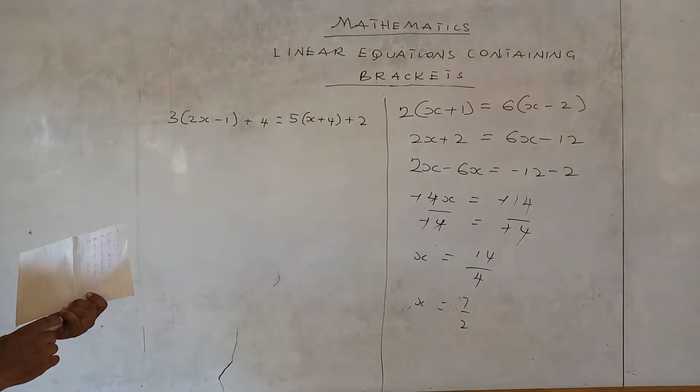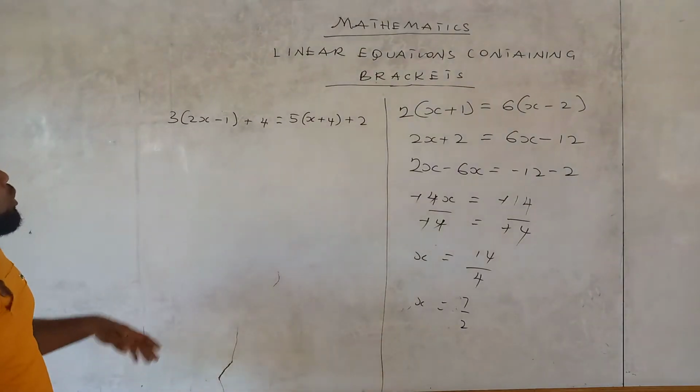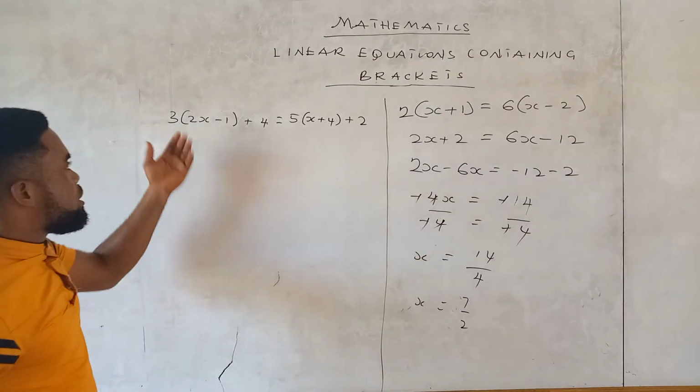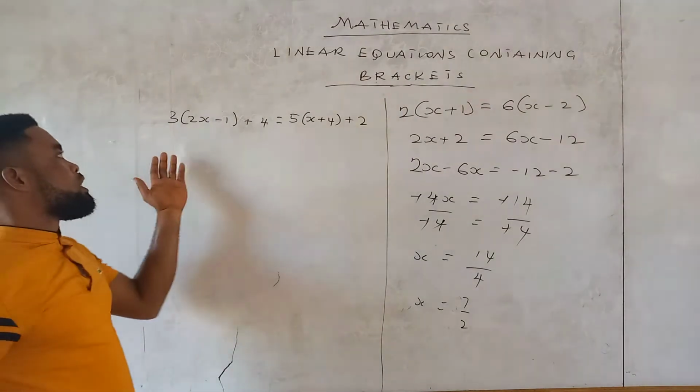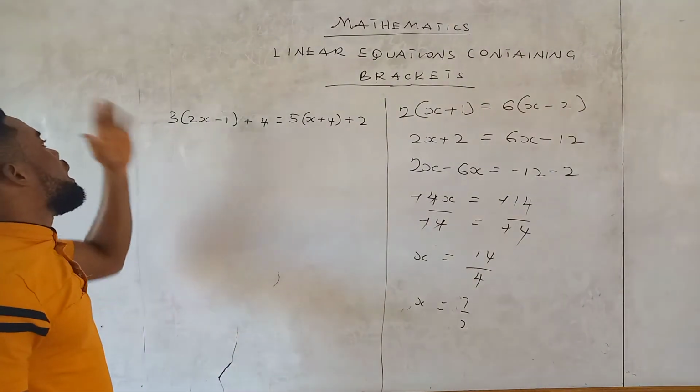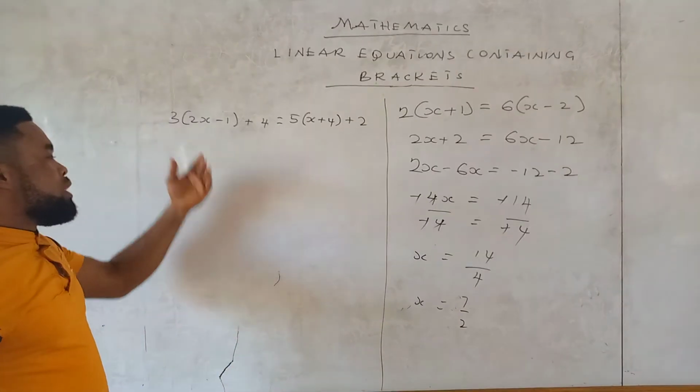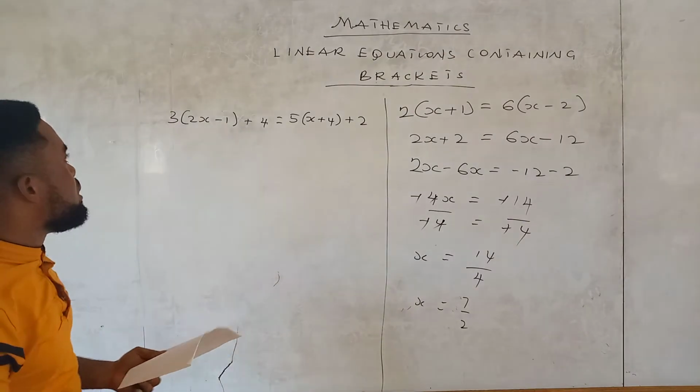So as you can see, all that you have to do is to just dissolve the bracket by multiplying the term outside the bracket by each term in the bracket.